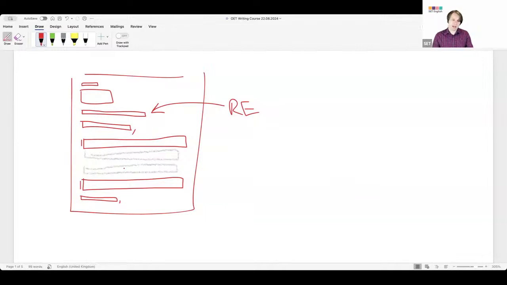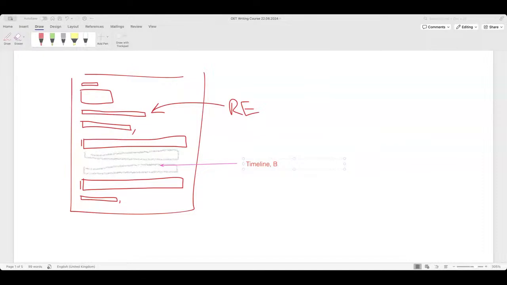And then inside you can have many different styles of paragraph. Give me some examples. Inside my letter, I can have, for example, a timeline paragraph, right? What else can I have, guys? Come on. Background history.